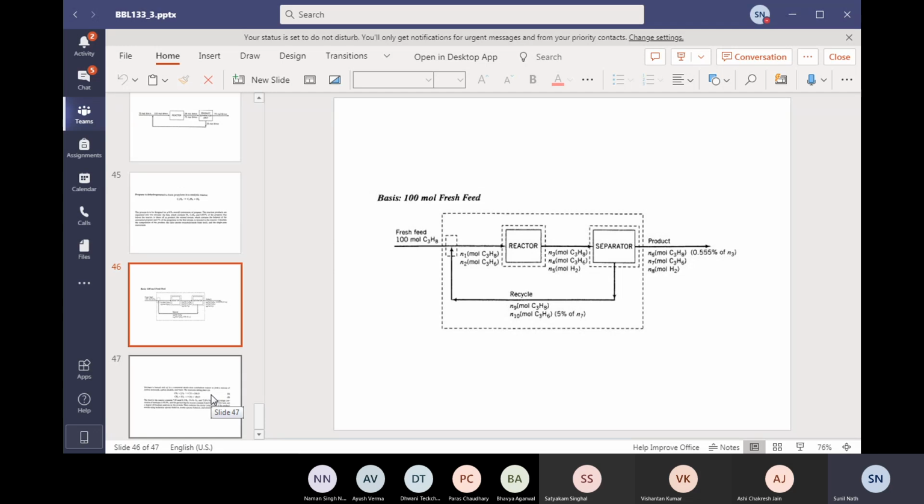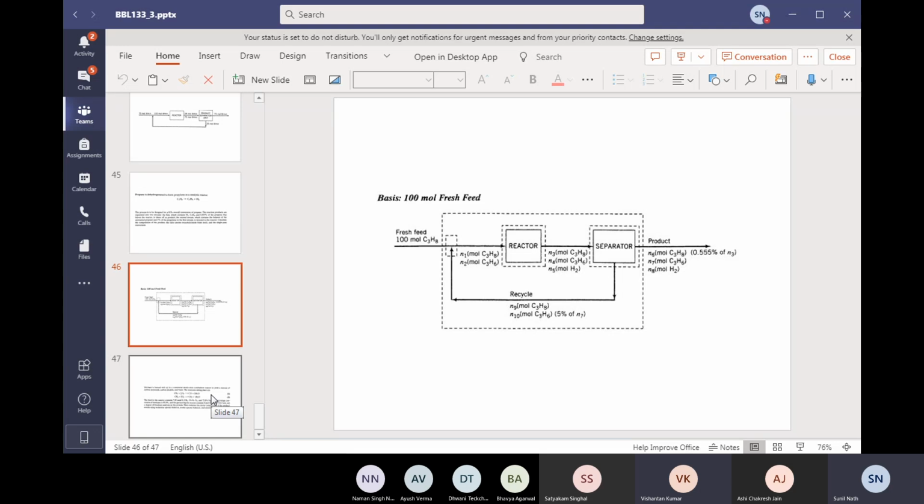How did you take N7 to be 95? I understand N8 will be 95, but why N7? Because 95 moles of C3H8 reacted and the stoichiometry was 1:1. So 95 moles reacted, and the net increment of C3H6 in the reactor is N4 minus N2, and that net increment should be 95.